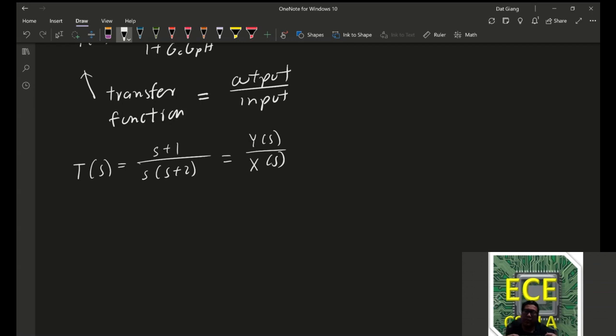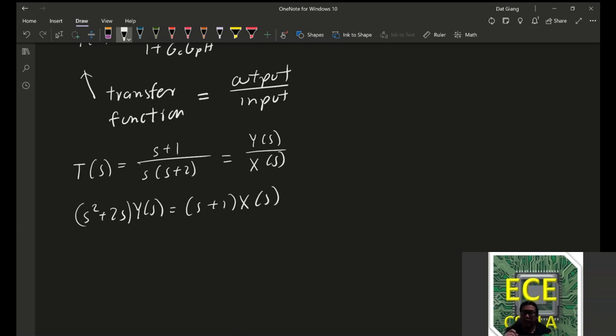And what ends up happening is that we can actually model a differential equation from this. This just becomes s squared plus 2s times Y of s equals s plus 1 times X of s.